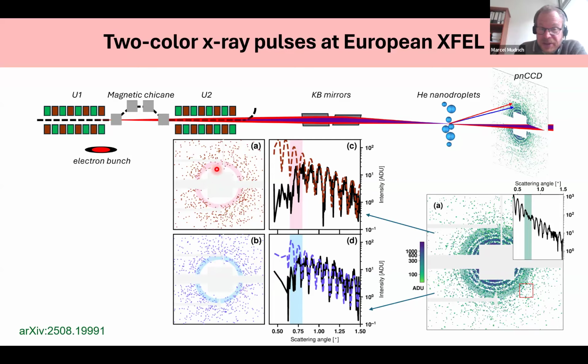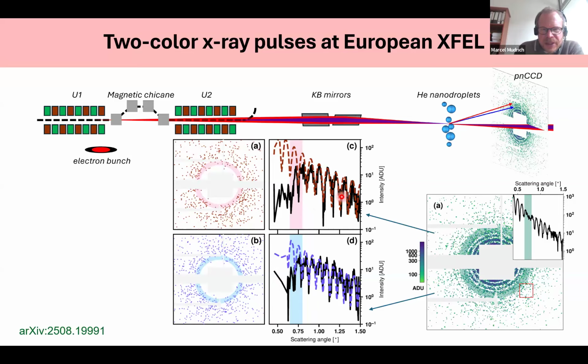This is the first time that we have succeeded in recording diffraction images of single particles with pairs of X-ray pulses, and then decomposing this into the image recorded, let's say, if the red pulse is the one coming first, then this is the image from the pump pulse, and then we have an image from the probe pulse.